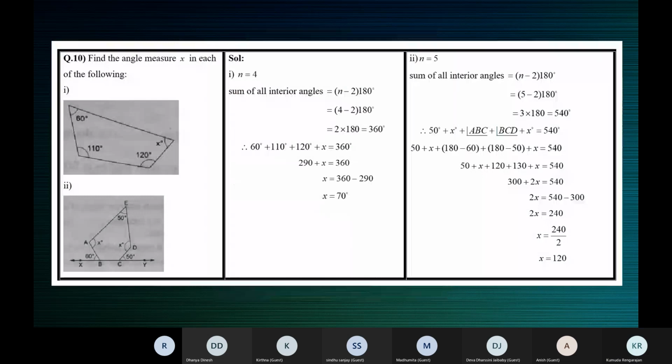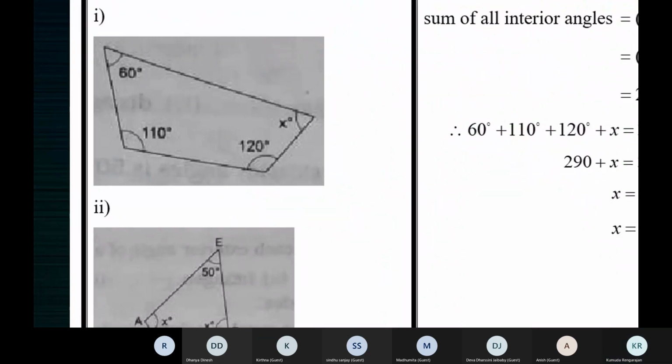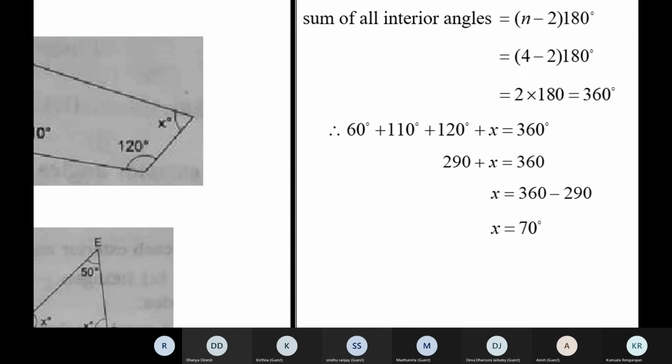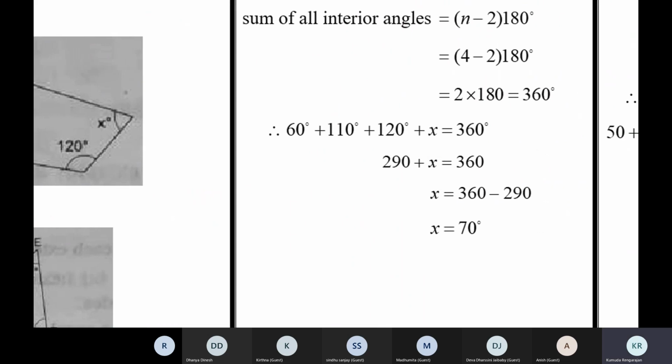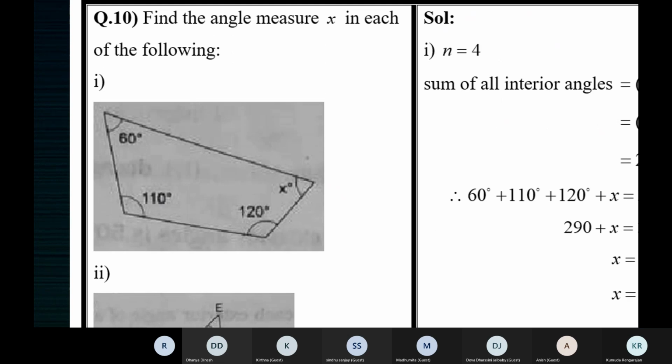1 minute. This is the answer for the 4th one. We'll finish the 4th one and then do the 5th. Oh, sorry, not the 4th one. Sorry. We'll finish the first one.